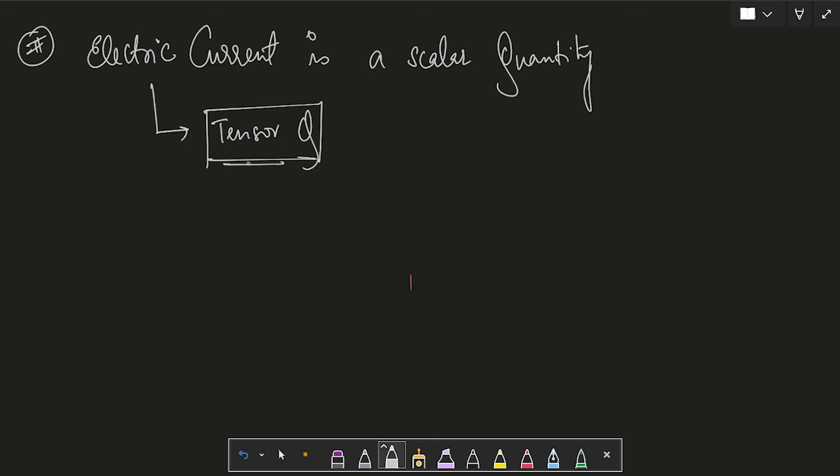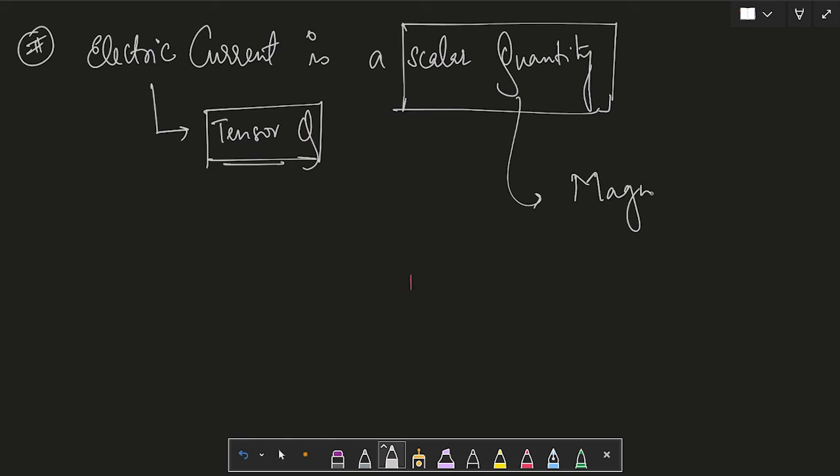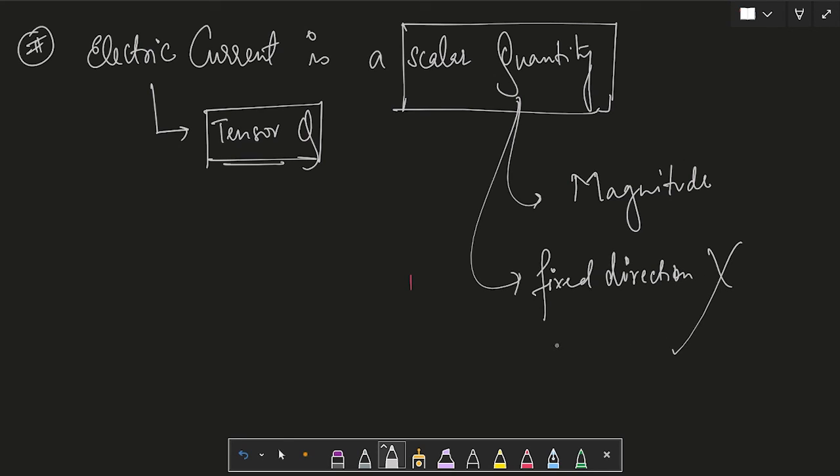But for you, electric current would be a scalar quantity. That means it would behave, add and subtract like other scalar quantities, which only deal with magnitude. Electric current does have direction, but it does not have a fixed direction. So a fixed direction is missing in this case. Therefore, it cannot be called a vector, and therefore it is called a scalar quantity.